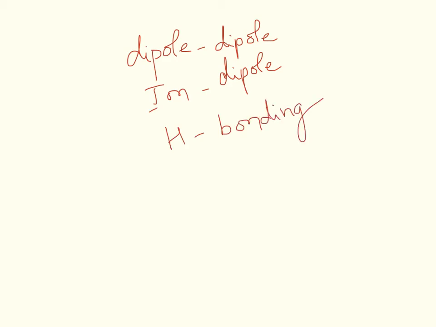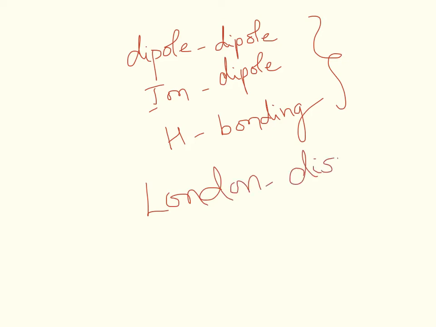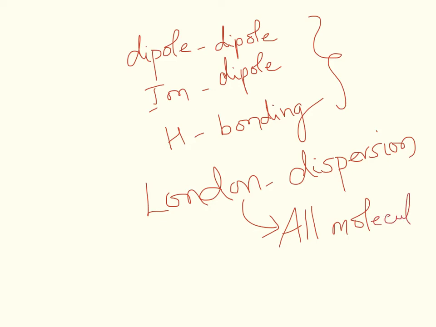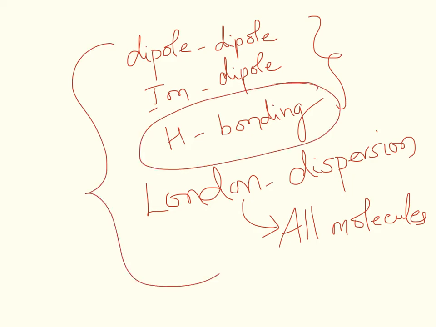Now there is one more force of interaction known as London dispersion forces, and these forces exist in all types of molecules. All molecules have this, no conditions attached. Out of all these forces of attraction, hydrogen bonding is the strongest.